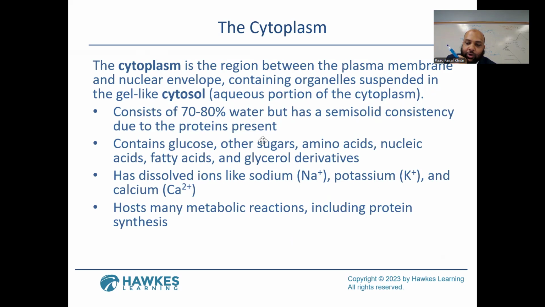It contains glucose, other sugars, amino acids, nucleic acids, fatty acids, and glycerol derivatives. The cytoplasm has dissolved ions like sodium, potassium, and calcium. They host many metabolic reactions, including protein synthesis.